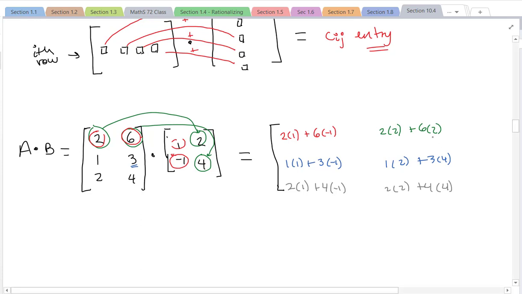And so that is the math that you do to get the product of the matrices. Notice how here you have 1, negative 1, 1, negative 1, 1, negative 1. Here you have 2, 2, 2, 4, 2. Oh, that should have been 2, 2, 2, 4. Yeah. 2 times 2, this should be a 4.